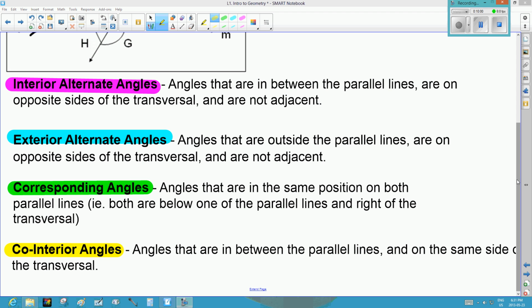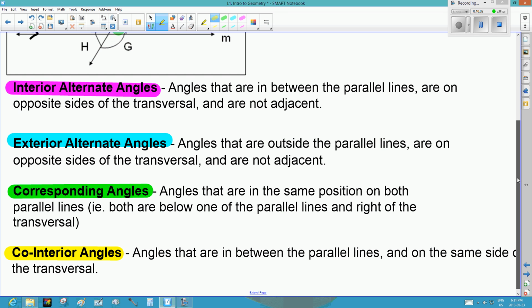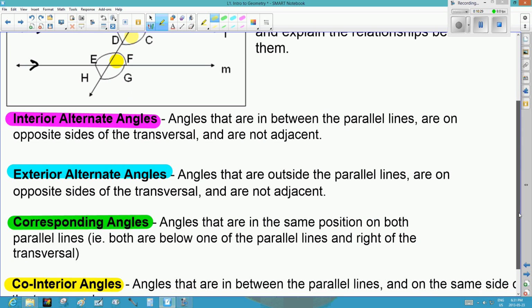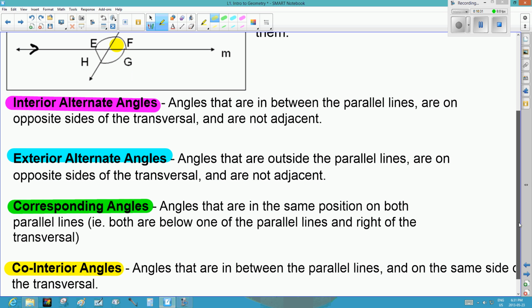So angles in between the parallel lines on the same side. So this angle and this angle. It's this whole set right there. Okay, so again, C and F, and those are called co-interior angles.